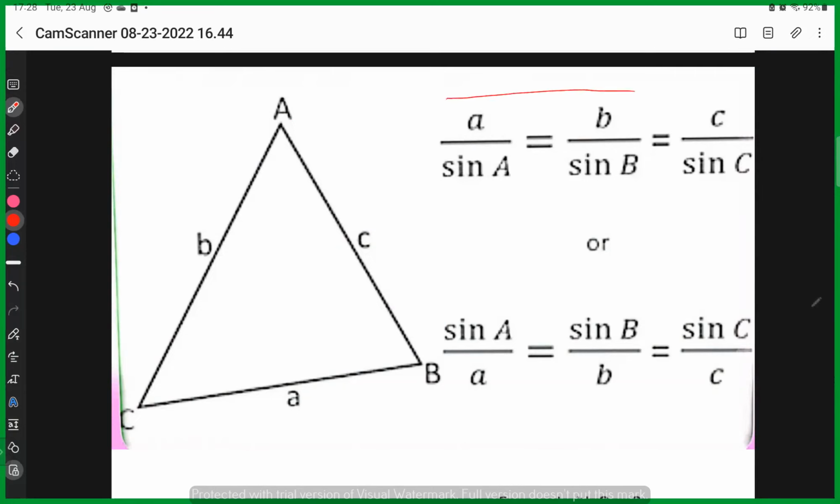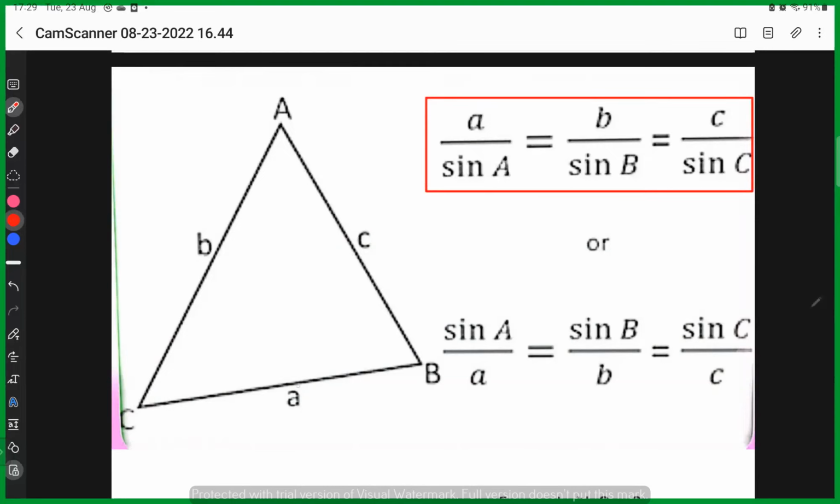Either you can use this or you can use the formula written below. Both are equal, both are the same. And what is the idea? In the sine rule, we basically have ratios. Ratios of what?